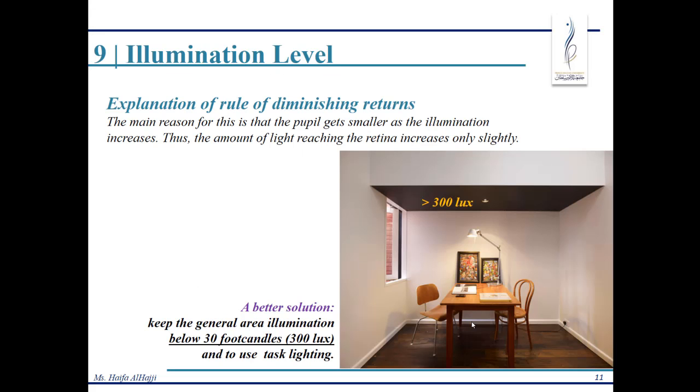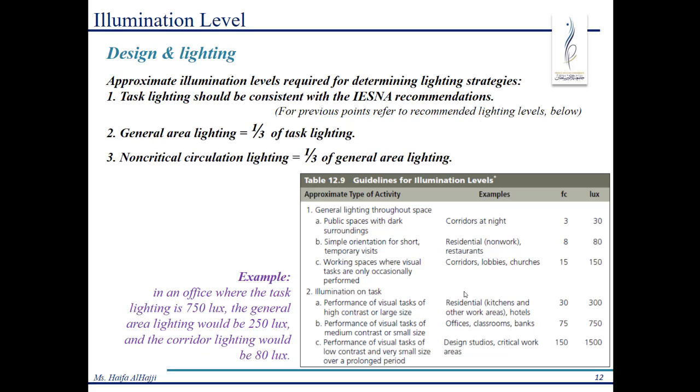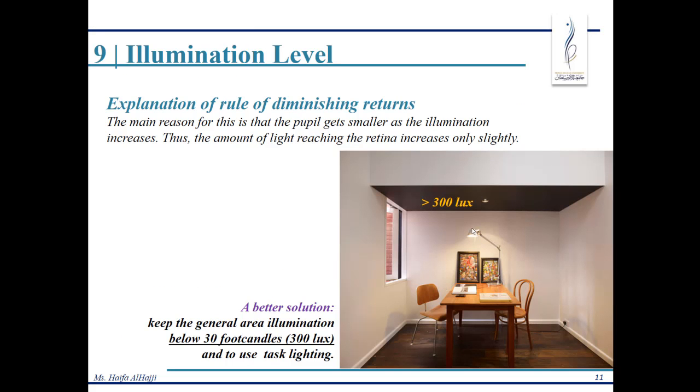For example, for reading, for the task in here, I need this amount of lux. If I look at something for reading, let's say this one, we need 750 lux. If I need 750 lux here, I also need to know, from that, what is the needed ambient light of the area.